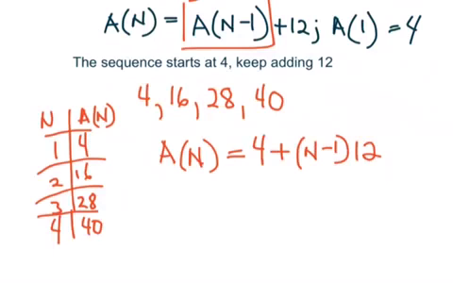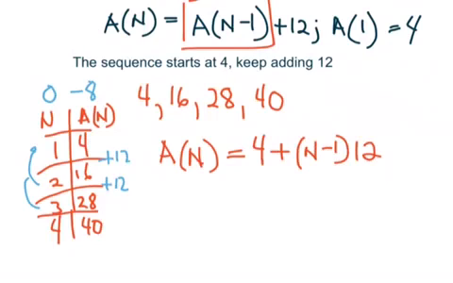Another way to think of this is that if we extend this pattern, if our values go down by 1, then we would be at 0, and since here we're adding 12, if we subtract 12, we would get to negative 8. That means that the table includes the point 0, negative 8.